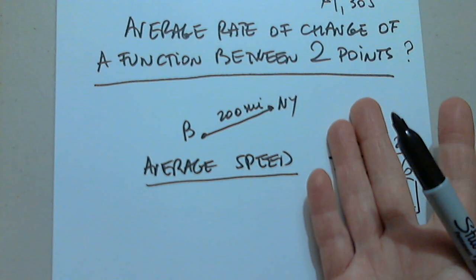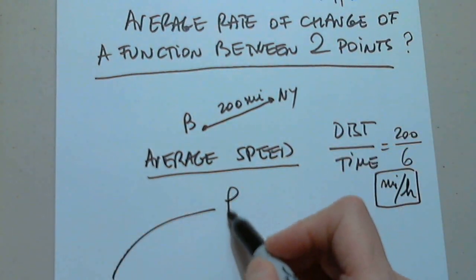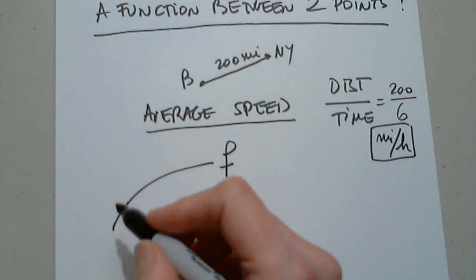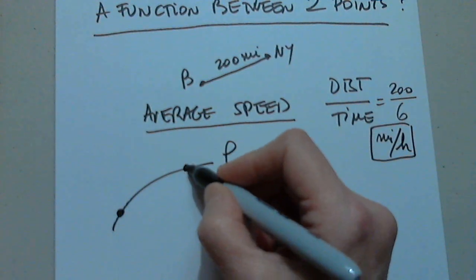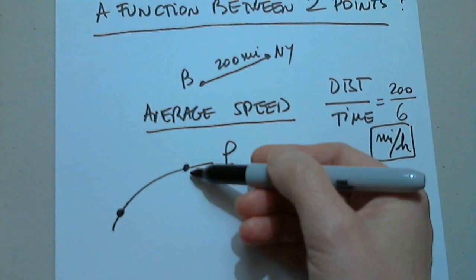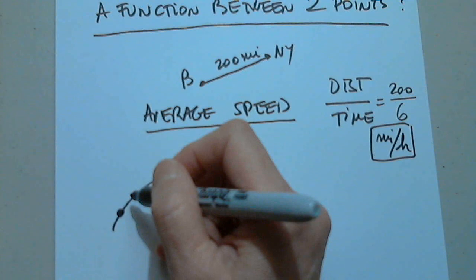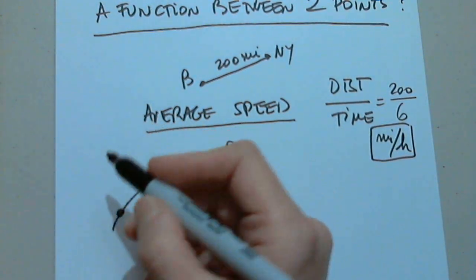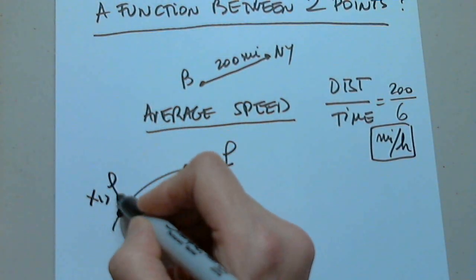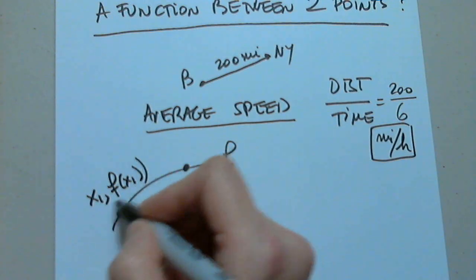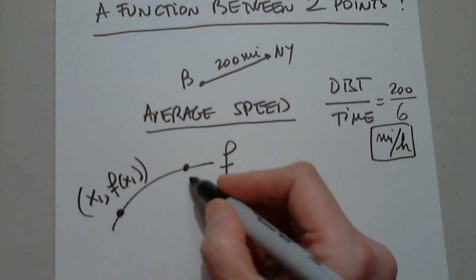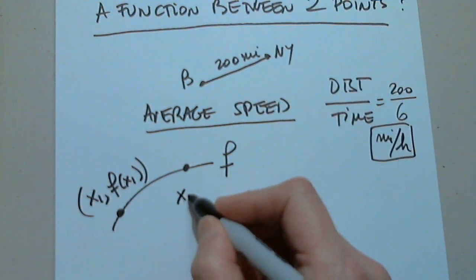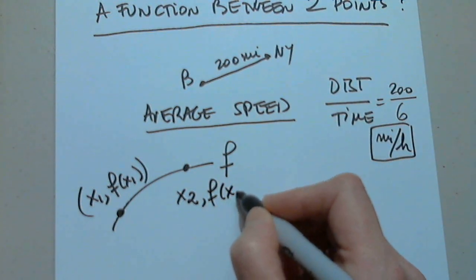So that's exactly what we're doing. If this is a function, and I have 2 points, this is Baltimore, and this is New York, and this point has coordinates x1 comma f of x1, and this is the second one, x sub 2 comma f of x sub 2.